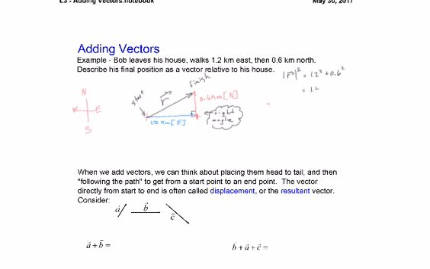Going to the next line, we have 1.44. Oh, I made a mistake. Got to remove the squared. It's already squared. Plus 0.36.